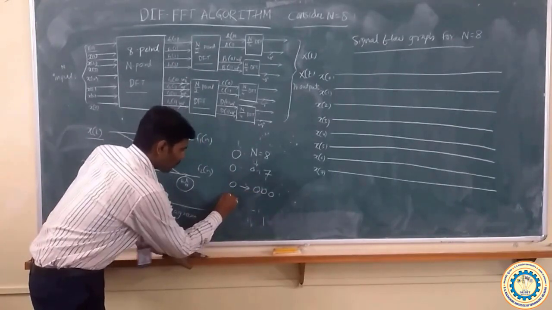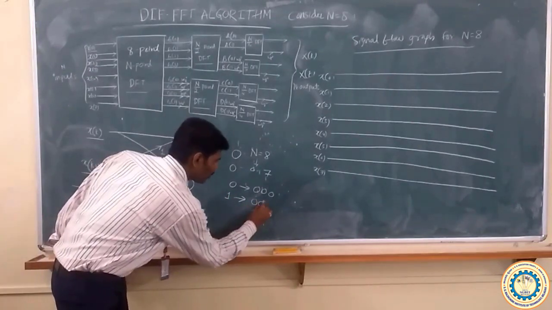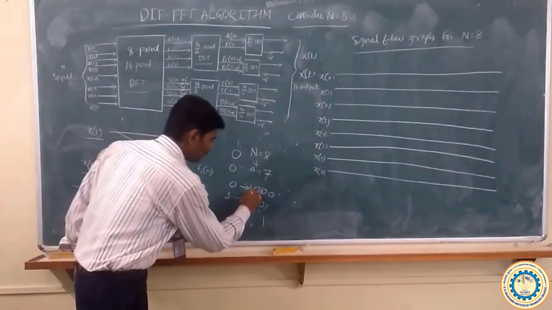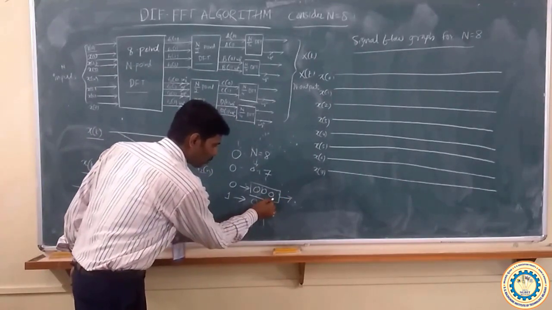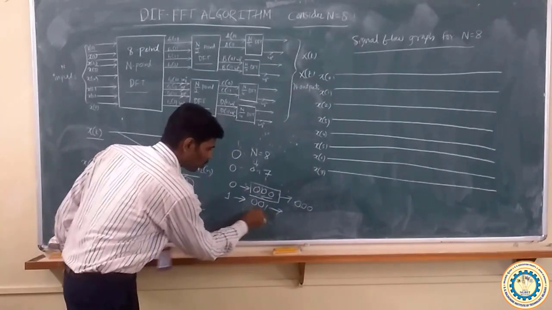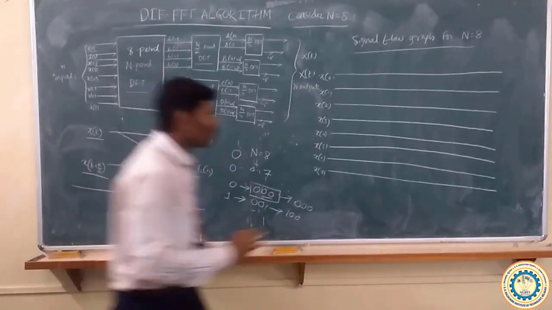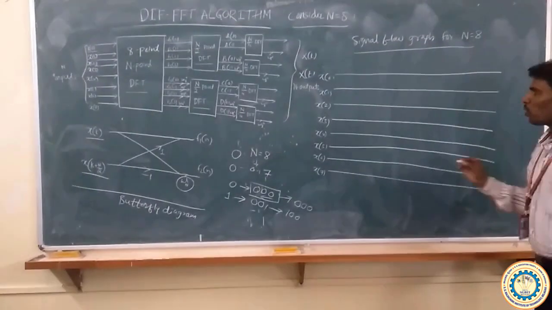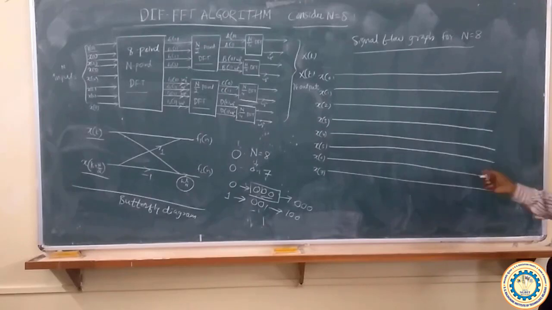To represent 1, I can represent it in binary as 0 0 1. The bit reversal of 0 0 0, reading from the other end, is 0 0 0. The bit reversal of 0 0 1 is 1 0 0. So in the DIF-FFT algorithm, the inputs are in natural order, but the outputs are in bit reversal order.